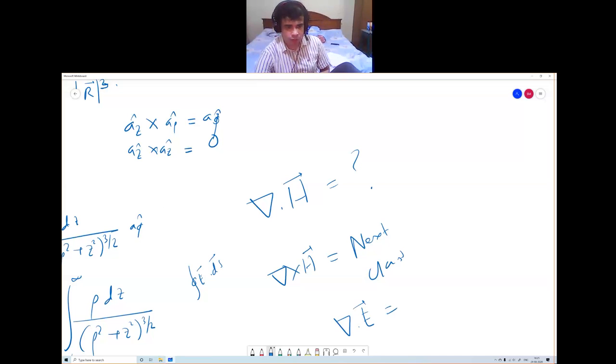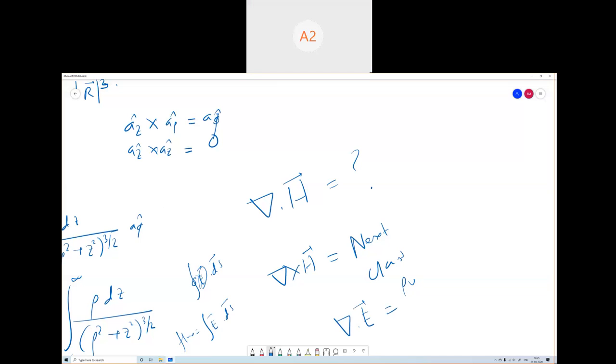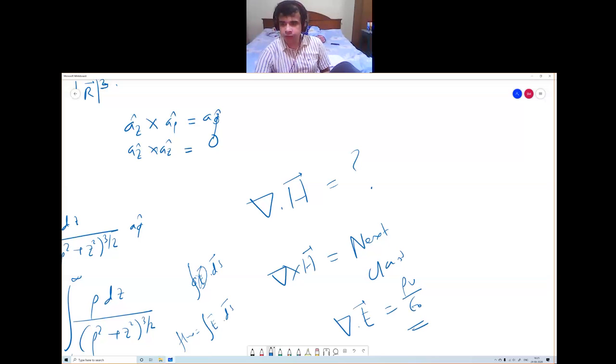What is this value? Rho V by epsilon naught. Right, absolutely correct. This is not zero because the electric field lines originate from a positive charge and terminate on a negative charge.